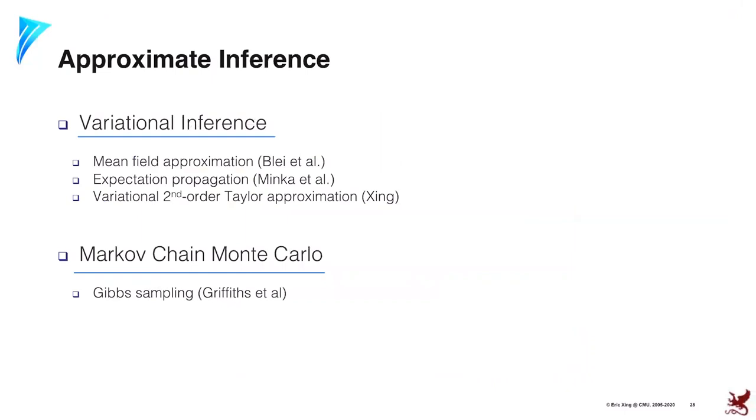First of all, there are two commonly used approximate inference methods, which are variational inference and Markov chain Monte Carlo. For today, we just consider variational inference.